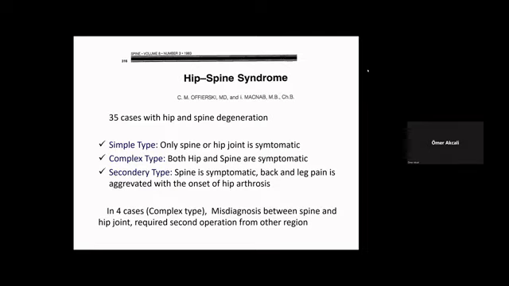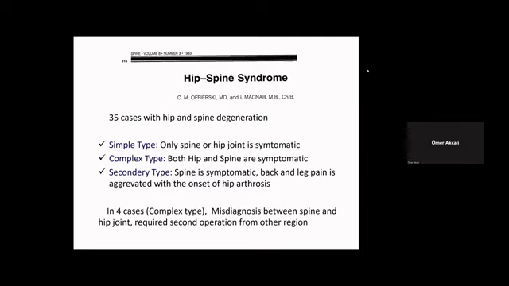In the complex type, complaints originate from both sides, and this type confuses the clinical picture. They reported 4 cases with misdiagnosis. 2 of them were operated on at the hip joint, and the other 2 at the spine. Clinical pictures worsened after the operations, and second surgeries were required.